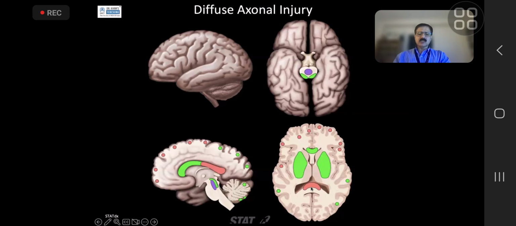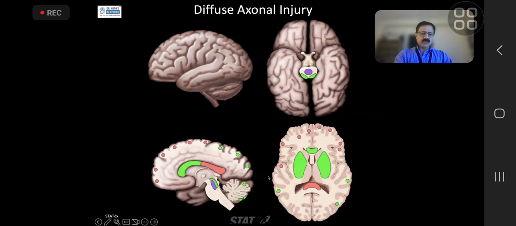And this is what the examiner is going to ask you. Now, this is the splenium of the corpus callosum. This is gray-white matter junction and gray-white matter junction. And of course, it can happen in the midbrain where the prognosis is very bad. It can happen at other places also, but the green color here depicts a bit of rarity.